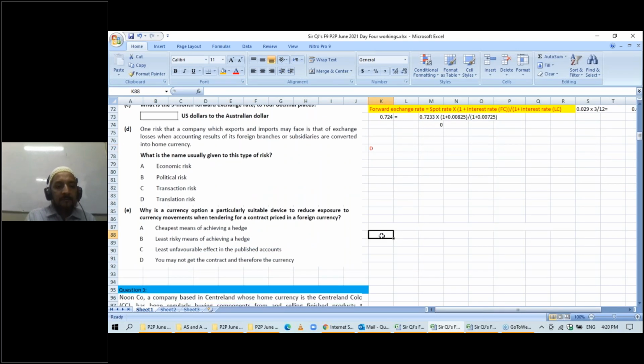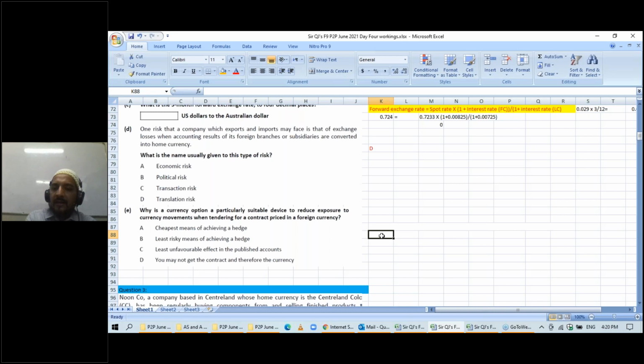Then part E. Why is a currency option a particularly suitable device to reduce exposure to currency movements when tendering for a contract priced in a foreign currency? Now, what is tendering? Tendering is basically a process through which we try to obtain or win a contract.